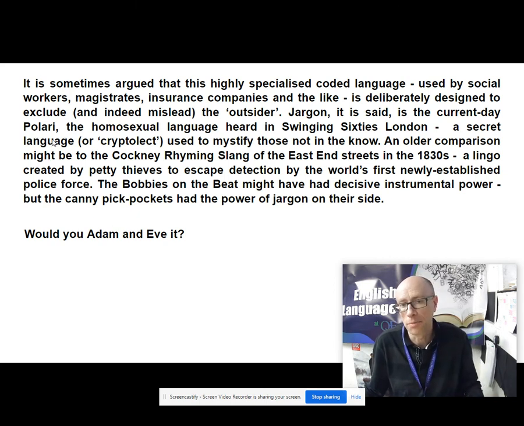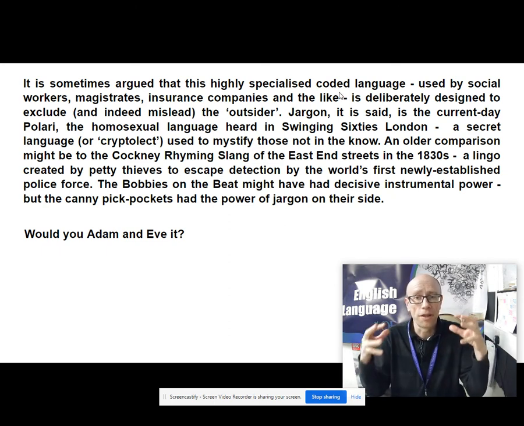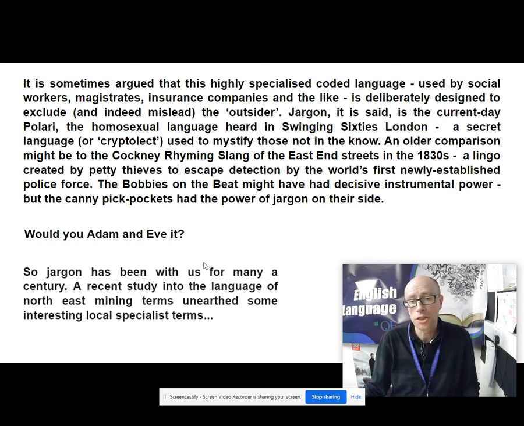So here we've got information about Polari. We've also got information about Cockney rhyming slang. And they're both being used because they're examples of coded language. And therefore that links in with the notion of jargon as well. Okay, are you noticing the variation in sentence forms and paragraphs as well? Occasionally having a one-sentence paragraph, very effective.